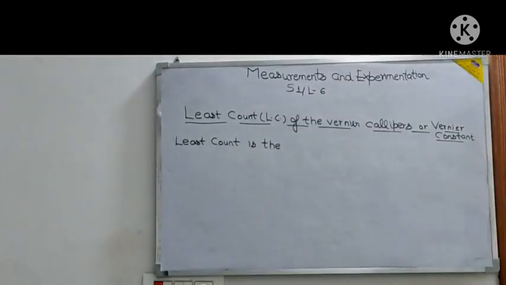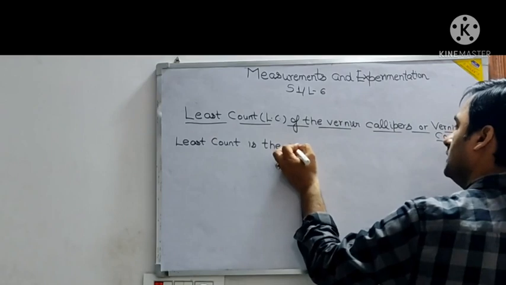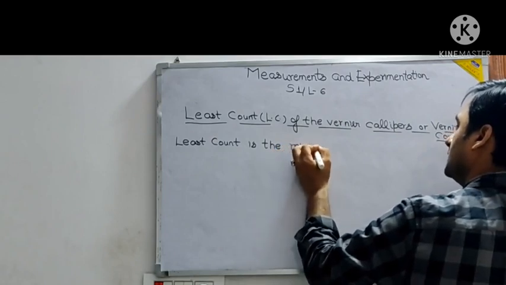Least count is the smallest measurement that we can make, or minimum measurement, not smallest, minimum only. Minimum measurement.